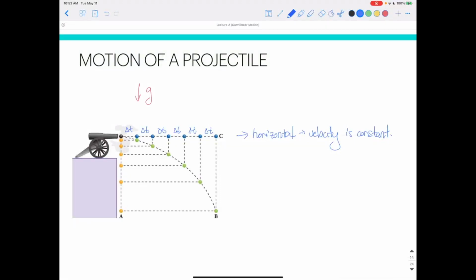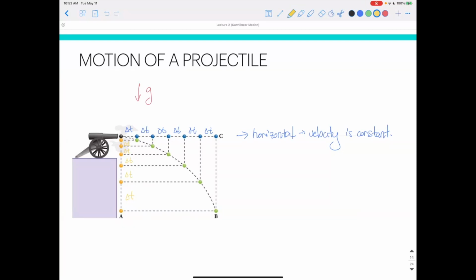going to be constant. And then because we have a constant acceleration g in the vertical direction for the same time increments, the distance that the projectile moves over that time increment is going to be continually increasing. And that increase is parabolic.